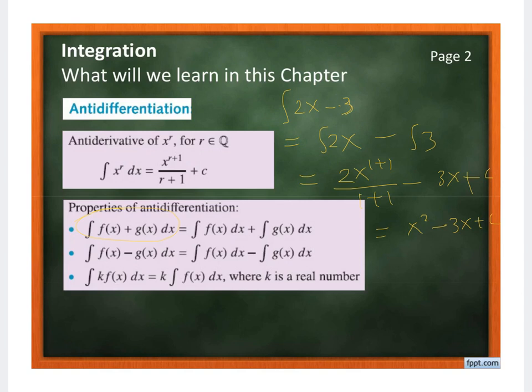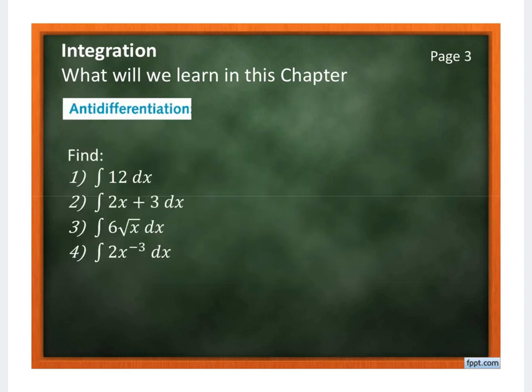We see another example. Find the antiderivative of the questions below. Number 1, antiderivative of 12 equals 12x plus c.